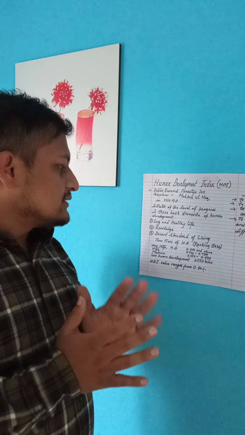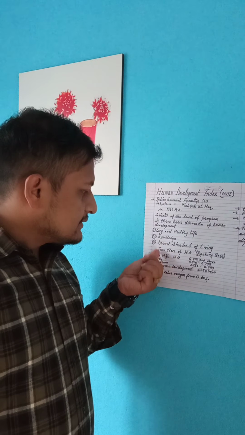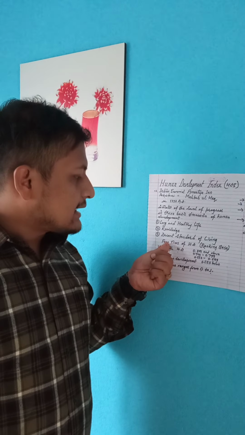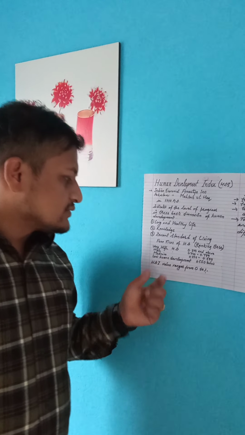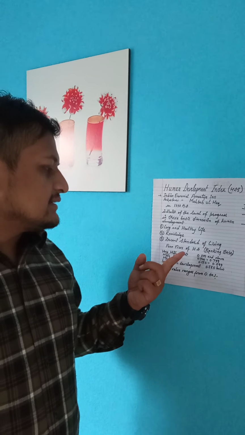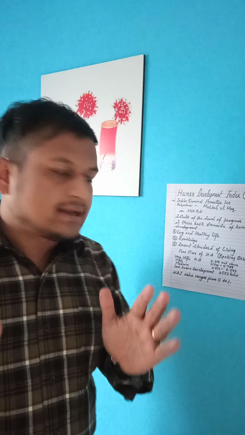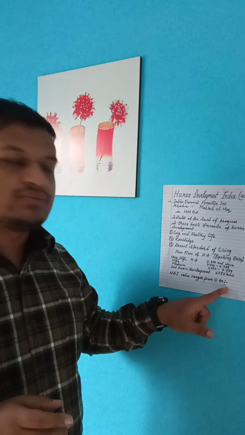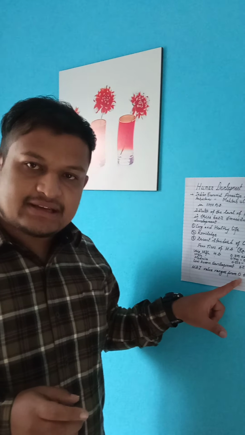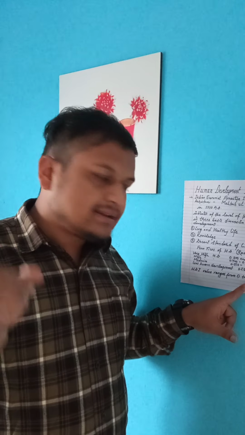Another thing is that on the basis of the scores, the countries are ranked. There are four tiers of ranking of HDI. First of all, you have to understand that the HDI value ranges from 0 to 1. 0 is the lowest HDI, whereas 1 is the highest.